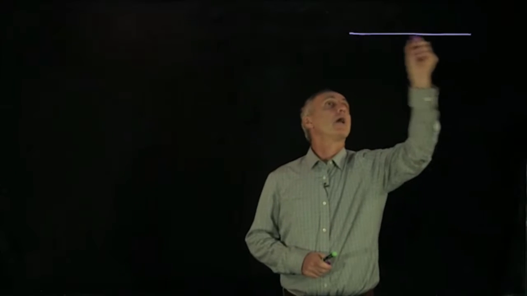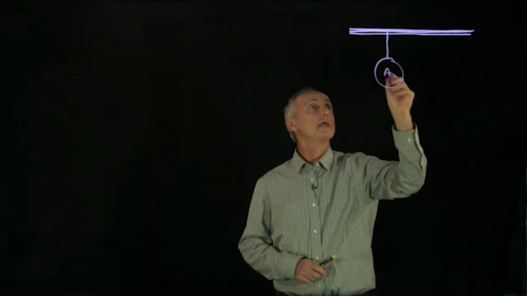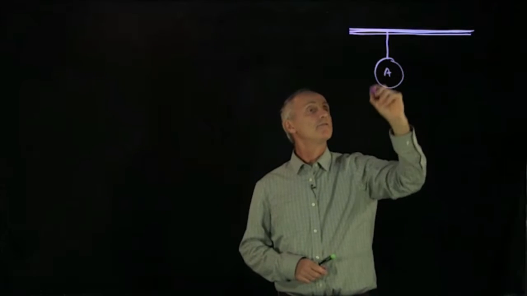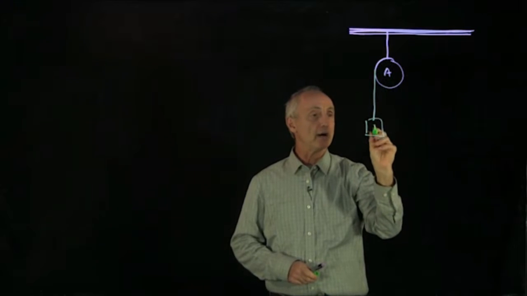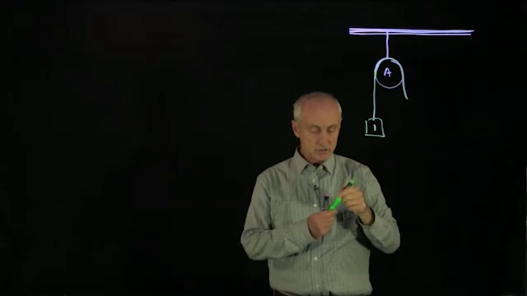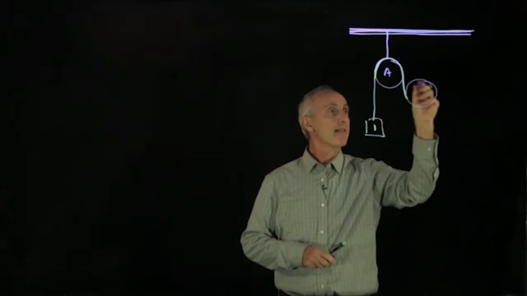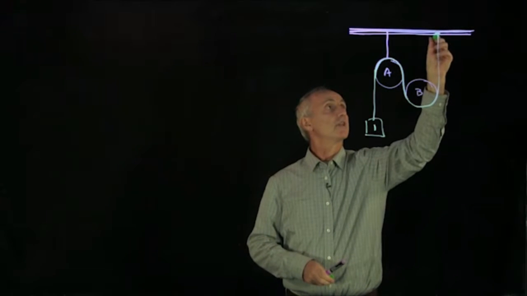Let's look at a typical application of Newton's second law for a system of objects. So what I want to consider is a system of pulleys and masses. So I'll have a fixed surface here, a ceiling, and from the ceiling we'll hang a pulley, which I'm going to call pulley A, and this pulley will have a rope attached to it, wrapped around it, and here we have object 1, and the rope goes around the pulley, and now it's going to go around another pulley B, fixed to the ceiling.